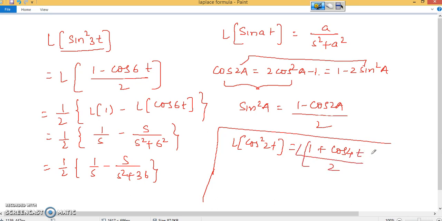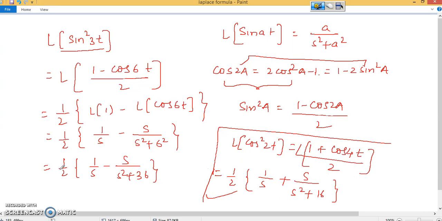Here 1 by 2 is constant. Laplace of 1 is 1 by s, plus Laplace of cos 4t is s by s square plus 16. So this is the formula we can apply here.